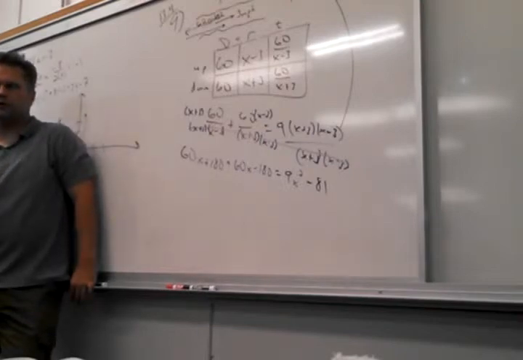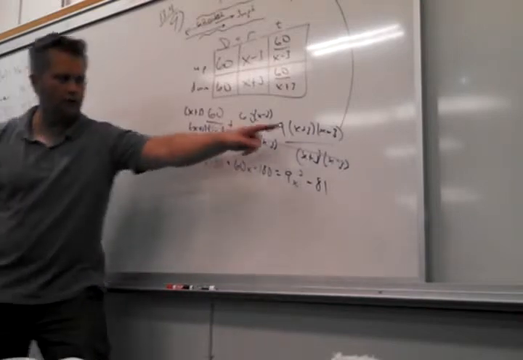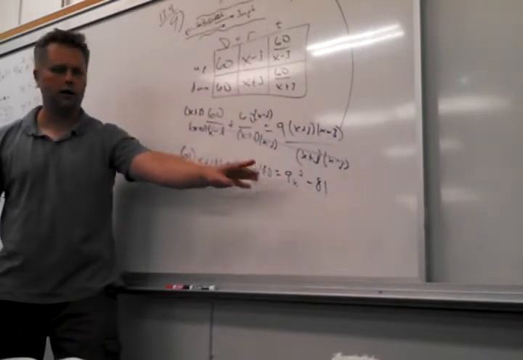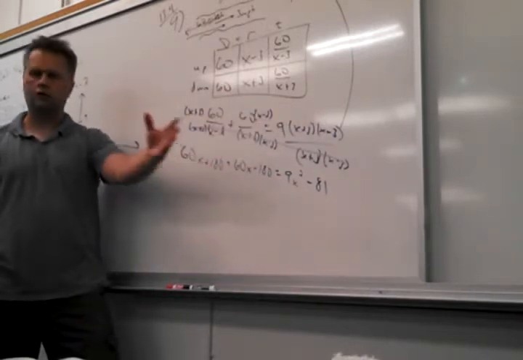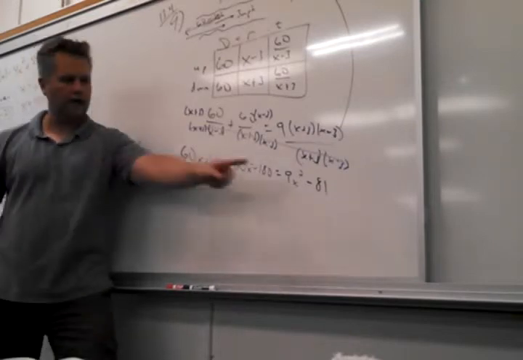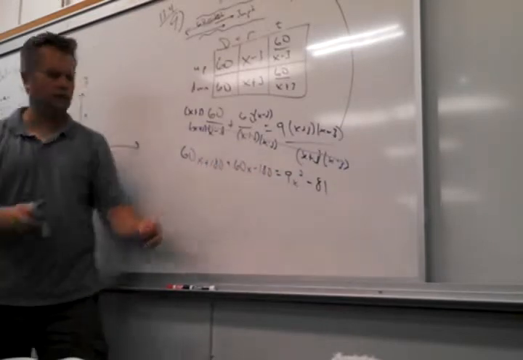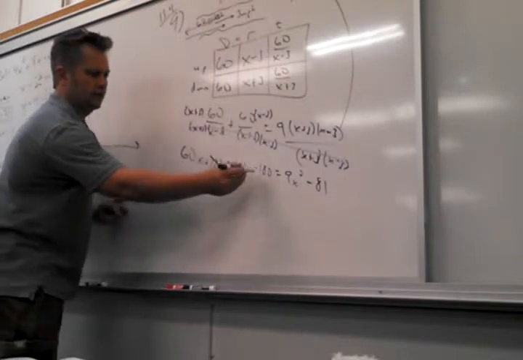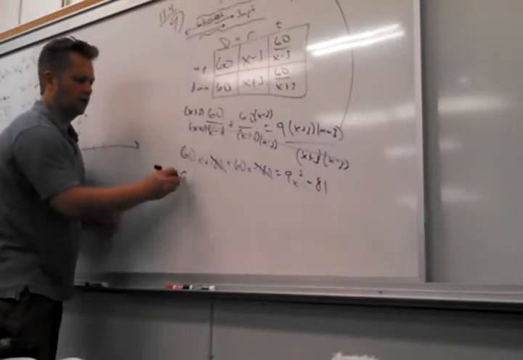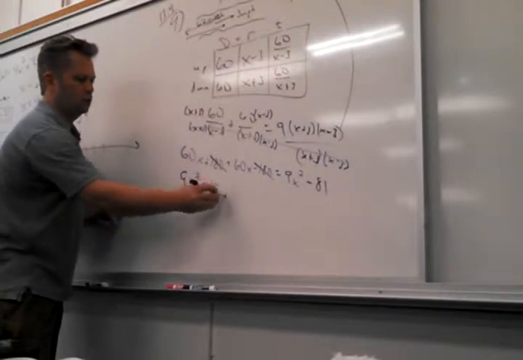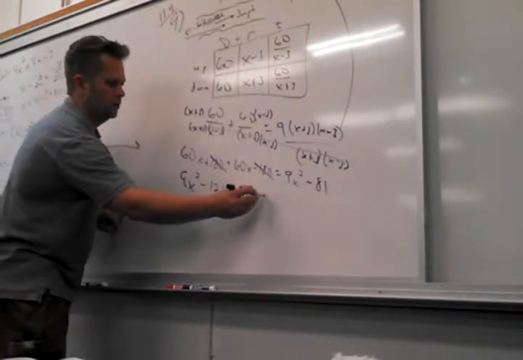I'm skipping a couple steps, but you can FOIL that and then bring a 9 through. The next step is to make everything equal to 0 on one side, because you've got a higher power than 1. Here the 180s cancel, that's nice. I get 120x that I can subtract, so I get 9x squared minus 120x minus 81 equals 0.